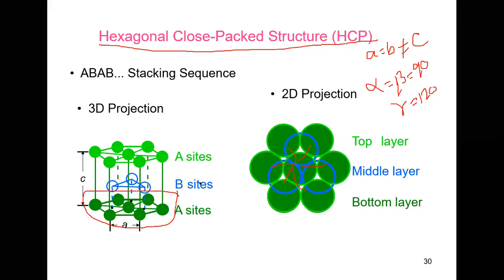And then the second layer is placed touching 3 atoms of the bottom layer, like this one. So the bottom one is the A layer.